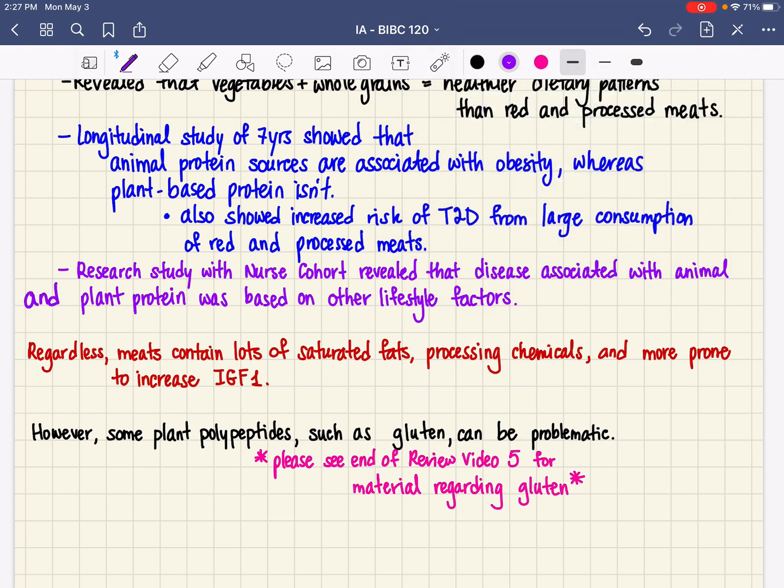So this study basically said the association between disease and the type of protein diet you are on, whether animal or plant protein, depends on other lifestyle factors.